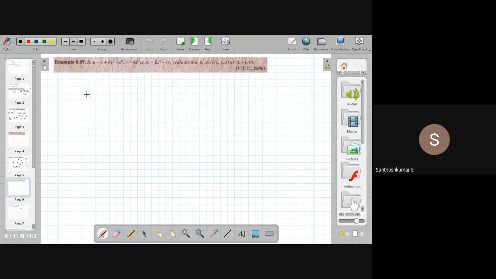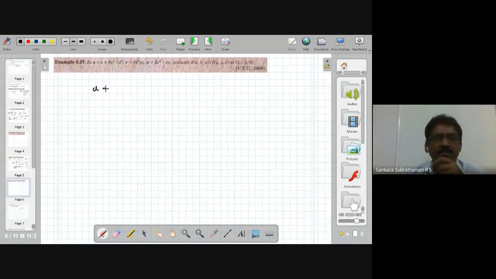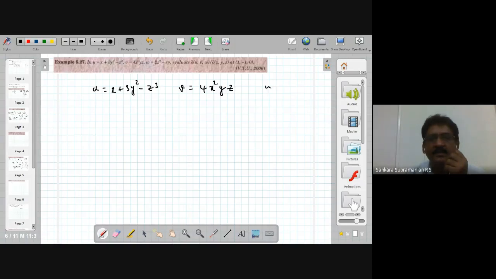The question is: u is given as x plus 3y square minus z cube, v is given as 4x square y z, and w is given as 2z square minus xy. Evaluate dou u v w with respect to dou x y z at the point 1, -1, 0.